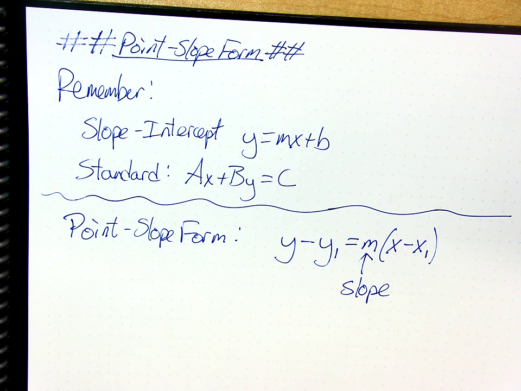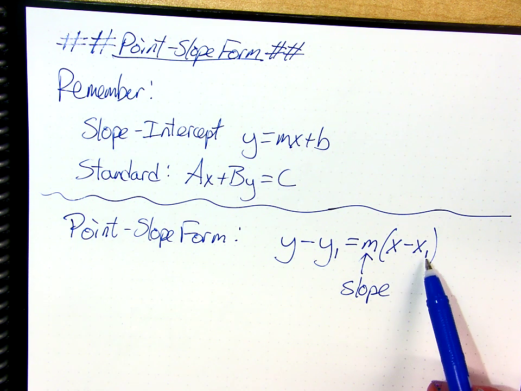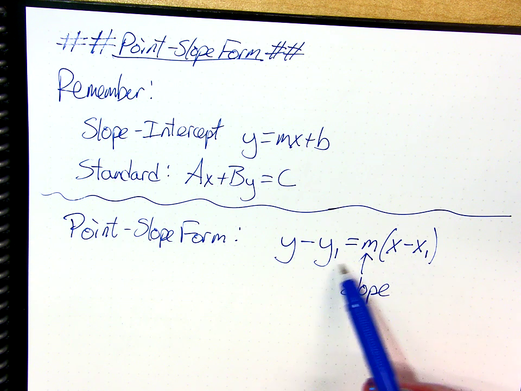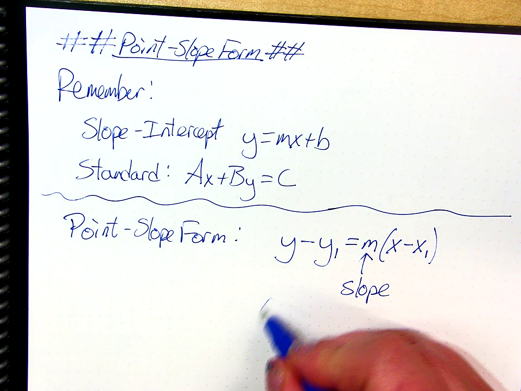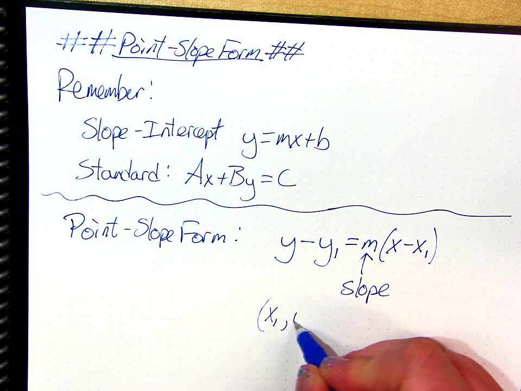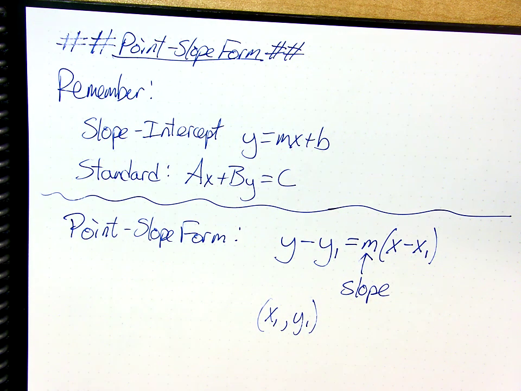You had x2 and x1 and y2 and y1, and it tells you I'm either dealing with the first point or the second point. So these are just ones. I'm only going to be dealing with one point here. I don't have a second point that I have to worry about. So what is x1 and y1? It is literally, this is why I love this one, x1 comma y1 is any point on the line.